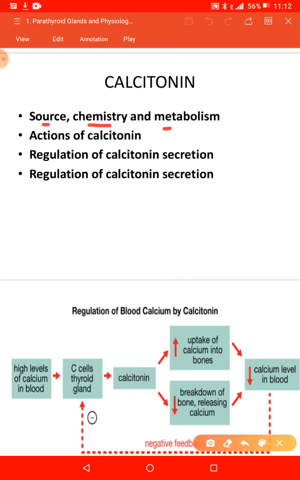In terms of metabolism, it is also metabolized by the liver and the kidneys, just like many other hormones. And the levels of calcitonin are also in minute quantities. The normal range in a healthy person is about 1 to 2 nanograms per deciliter.